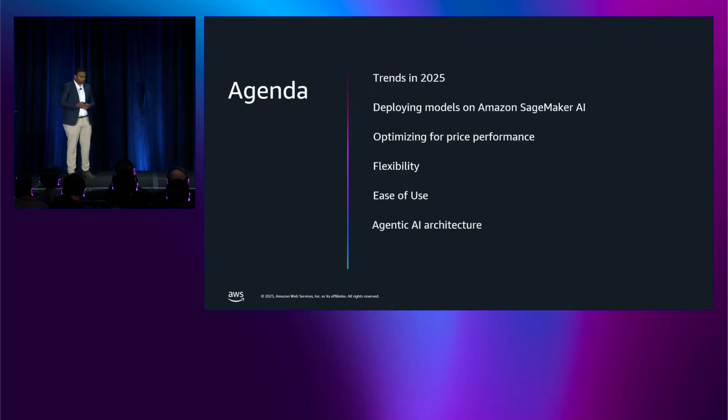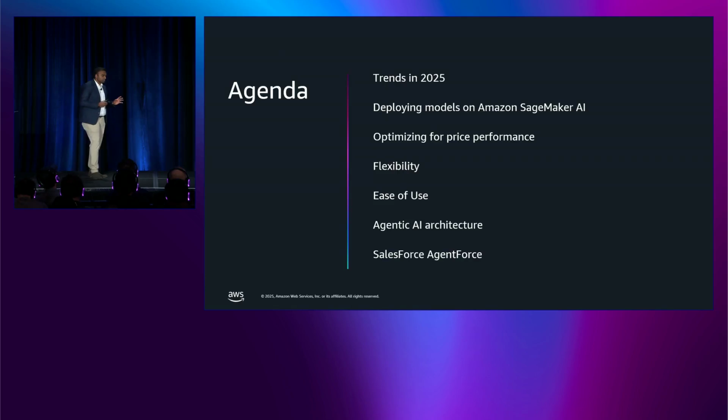All right, so let's get right in. In terms of agenda, we will start off with going through what are the trends in 2025, what are the new things that we've been seeing since 2024, and then we will talk about what are the steps involved in deploying models to SageMaker AI, and what are the features you have, just for you guys to know about SageMaker. And then we will talk about the 3 important pillars that will enable you to run models efficiently and cost effectively at production scale.